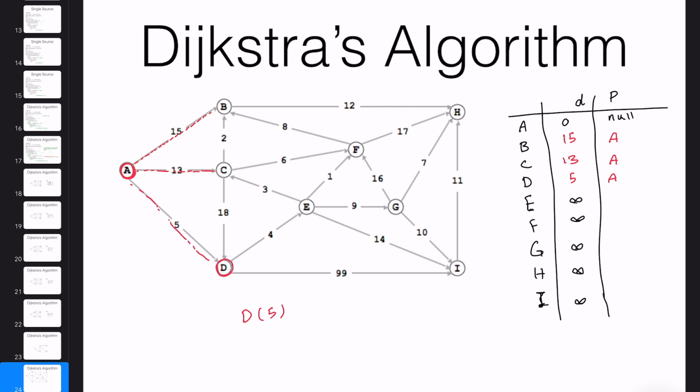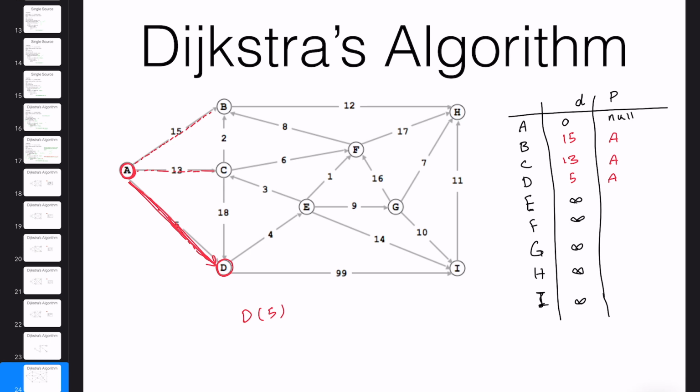So the node D will be removed, and along the way I'm going to just show you which part of the graph this single shortest path tree has been created. So this edge is going to be added to the tree.